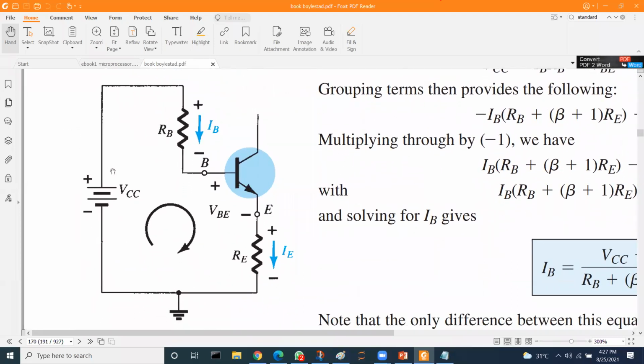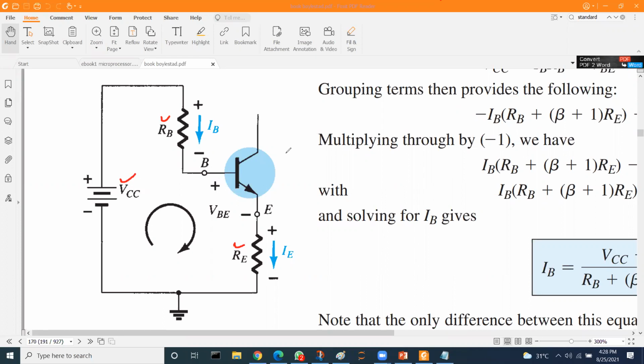So this is the input side, and as we can see in the input side, according to Kirchhoff's voltage law, the voltage is primarily distributed over this resistance and this resistance, and also the base and the emitter part.